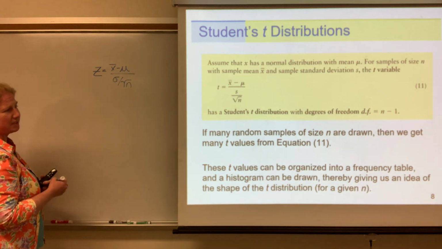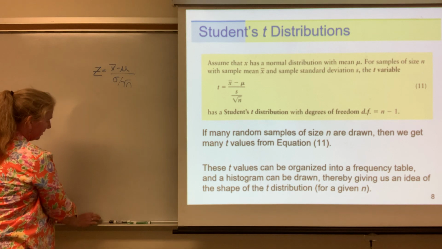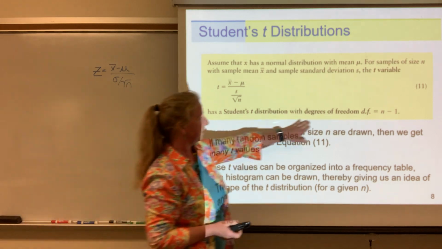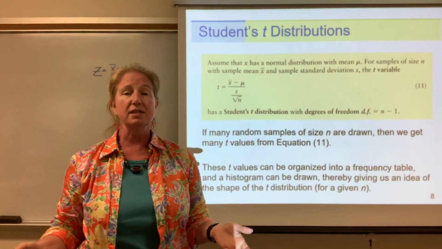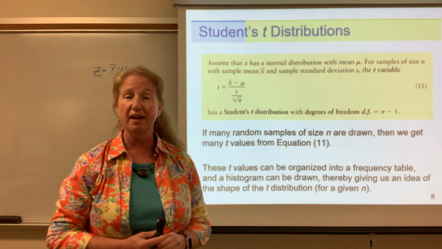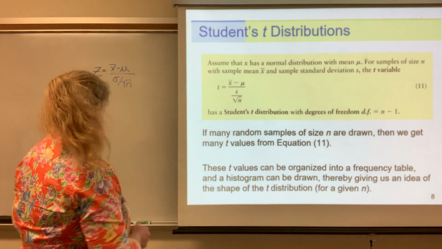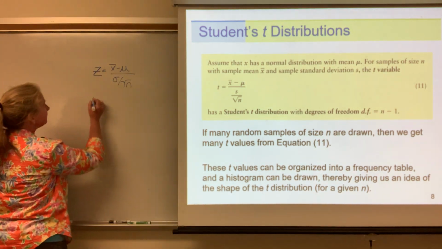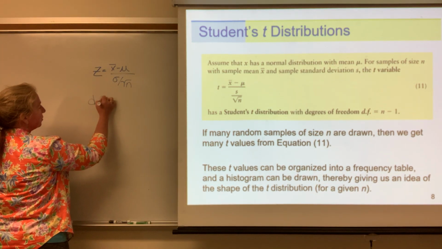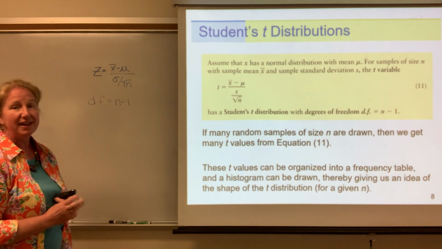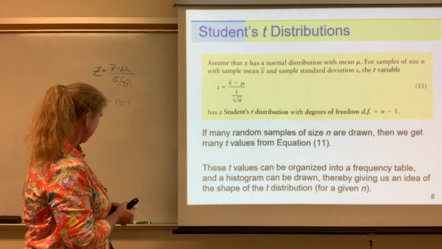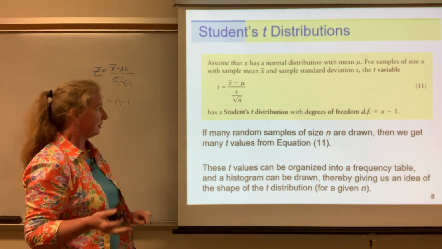So almost identical. Now the interesting thing, there's a new thing called the degrees of freedom. It's outside the scope of this class to get too deep into that. All you have to know is that the degrees of freedom, we shorten that to df, is n minus 1. What is n? N is how many are in the sample, okay? N is how many are in the sample.